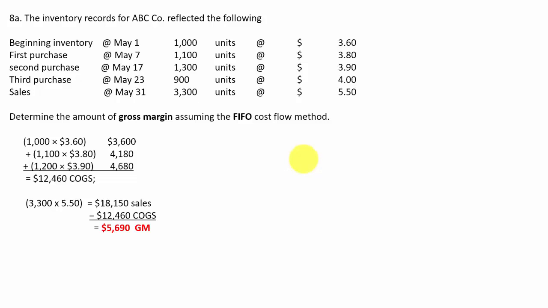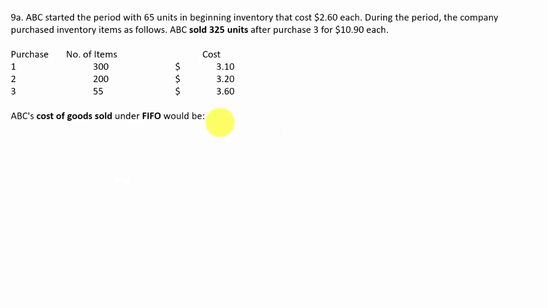Let's take a look at the next one. They want to know the cost of goods sold under FIFO. Cost of goods sold. All right, so we have beginning inventory. We started with 65 units of beginning inventory that cost $260 apiece. So the beginning inventory cost in total 65 times 260, which would be $169.